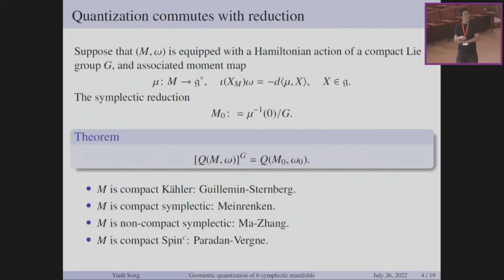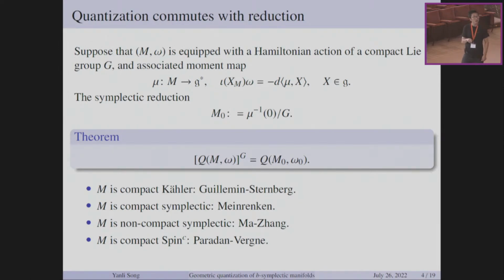And also, there's the case of spin C. Spin C is a very weak setting. Roughly speaking, most manifolds, as long as they are orientable, you can say are spin C. It's stronger than orientable, but not by much.